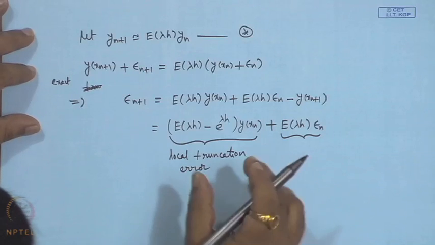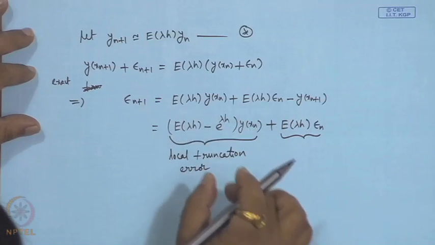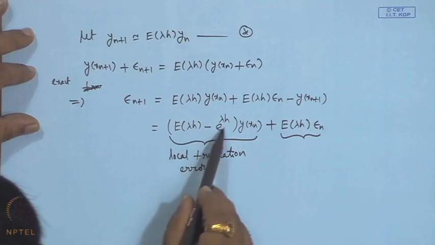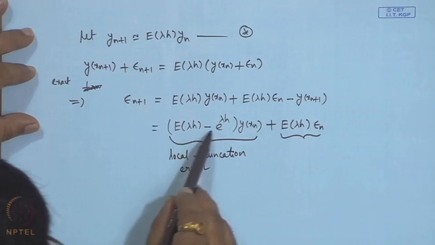Okay. So, now how can you minimize this? You can minimize this by approximating e power lambda h more closely.